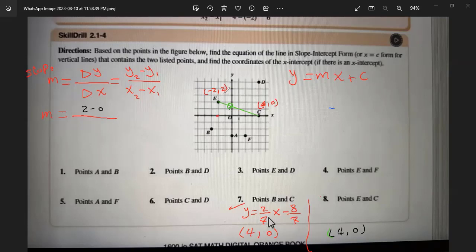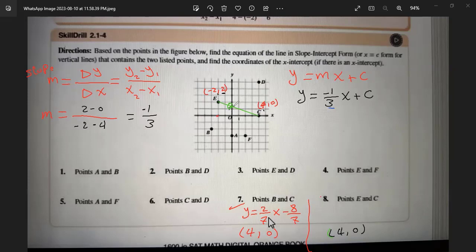I start from here. Minus 2 minus 4. This minus this. So we have negative a third. You can check by calculator: 2 over negative 6. Yes, negative a third. So the slope is negative a third, so y equals negative a third x plus c.